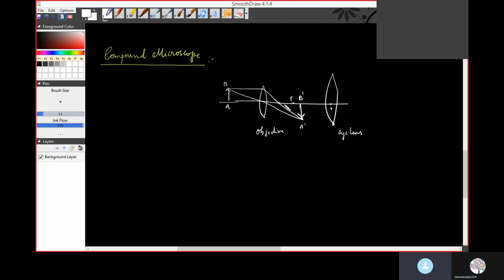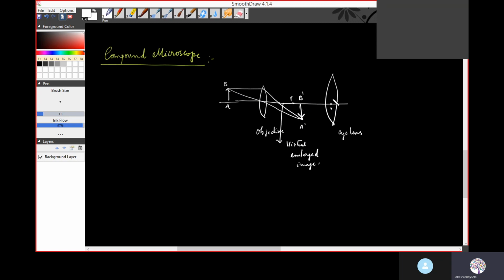Here it forms a virtual, enlarged image, and of course it is inverted, because the first image got inverted.